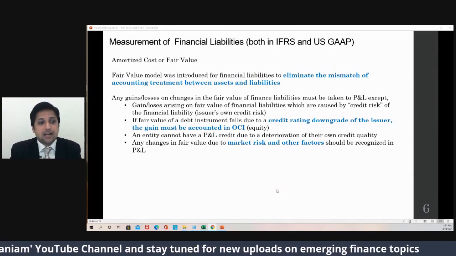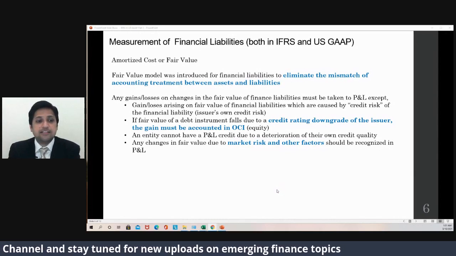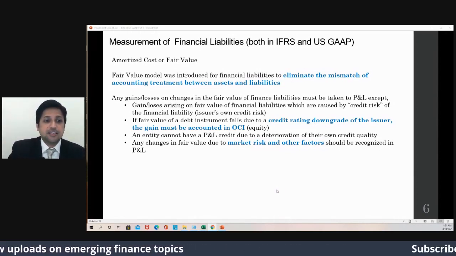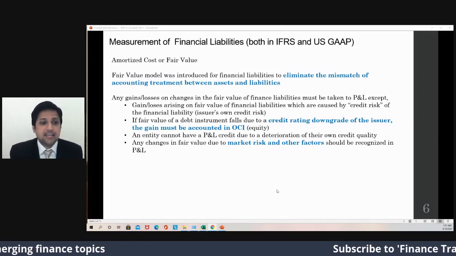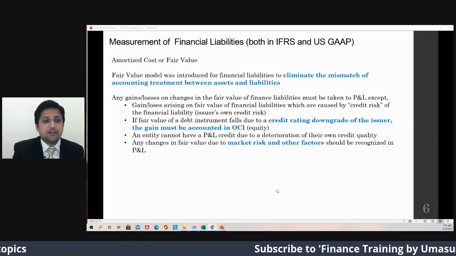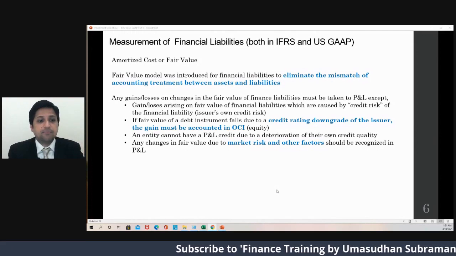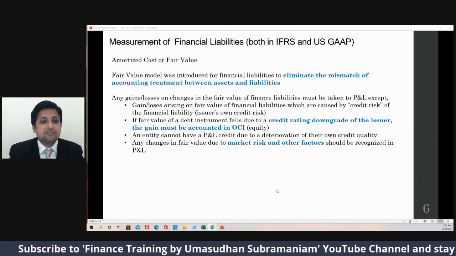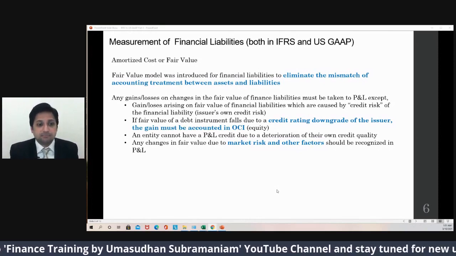So if you account for financial liabilities at fair value and take the fair value changes to the income statement as gains, they are going to offset the losses on the operating performance and create a mixed view about the company's performance.